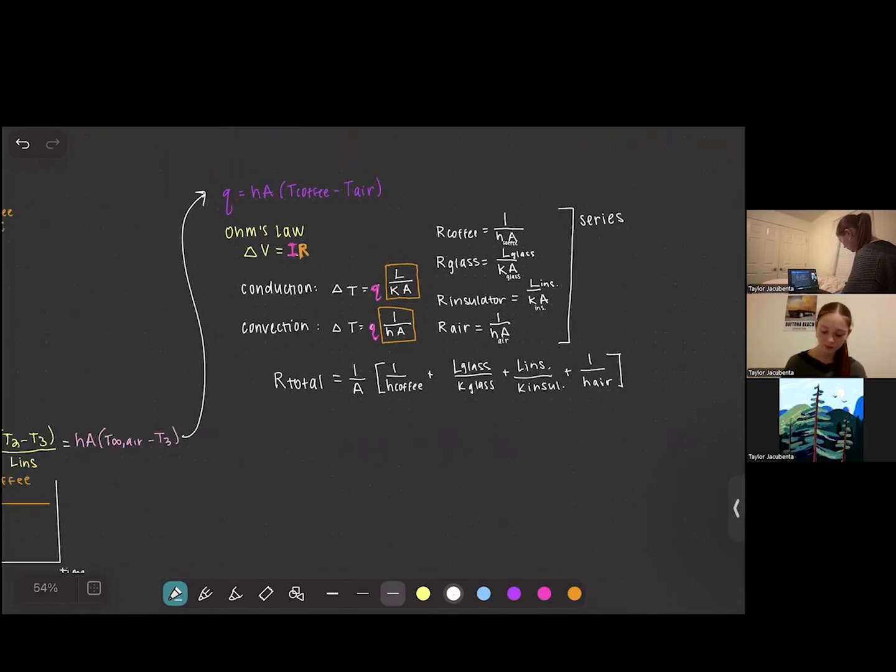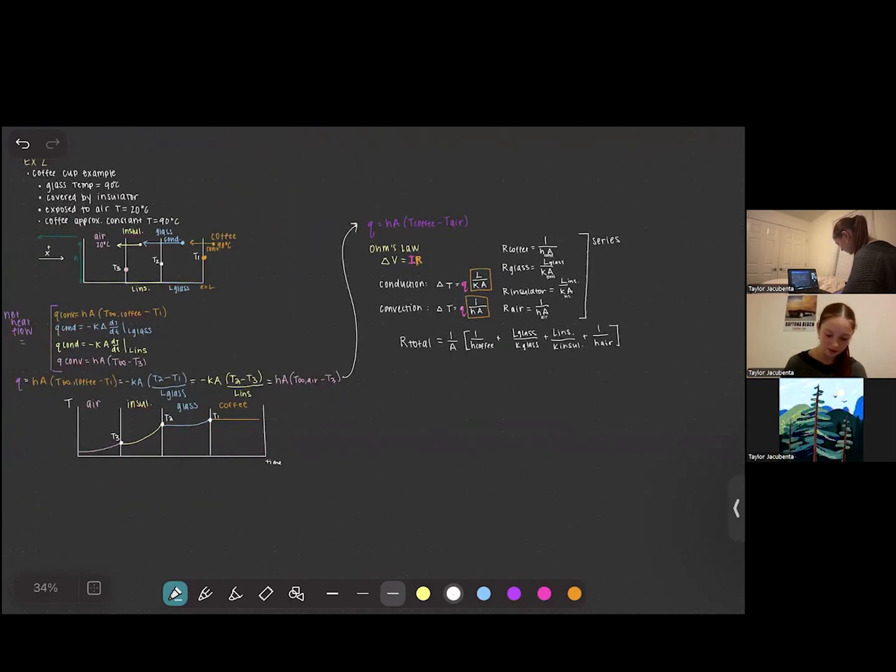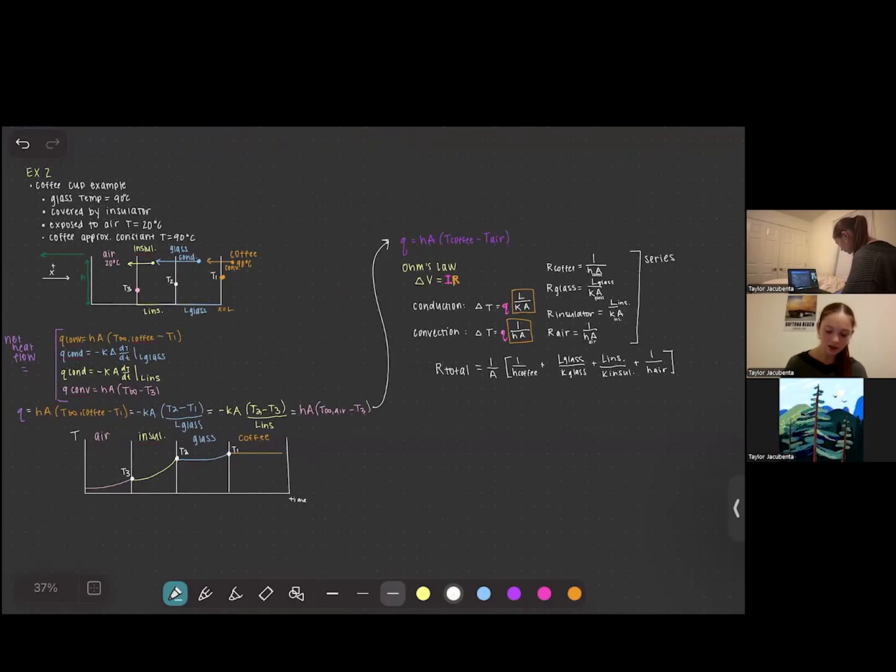So this would make it a little bit easier to see how everything fits in. And we can say that it's in series because it directly goes from the coffee to the glass to the insulator to the air as we've drawn it out.